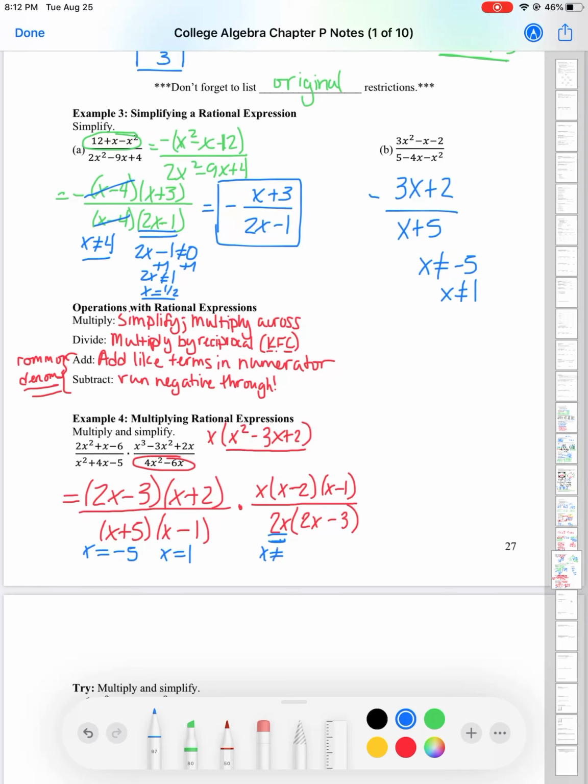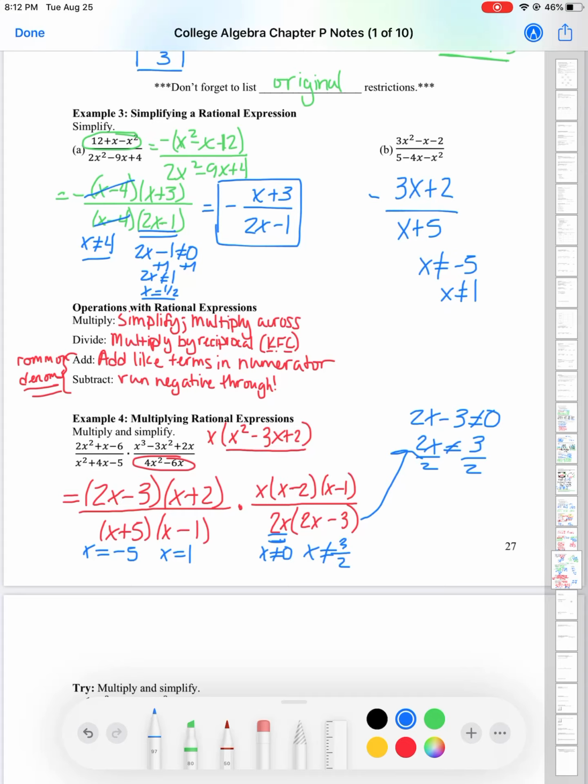Don't forget about the 2x. x cannot be 0, because if x was 0, that would make this denominator equal to 0. And then x cannot be, if this piece was equal to 0, 2x minus 3, we would get 2x equals 3, divide by 2, divide by 2. x cannot be 3 halves.